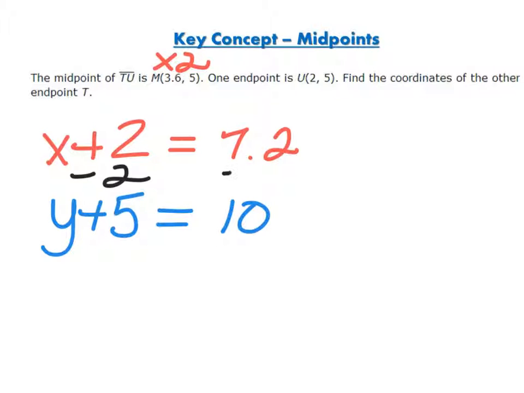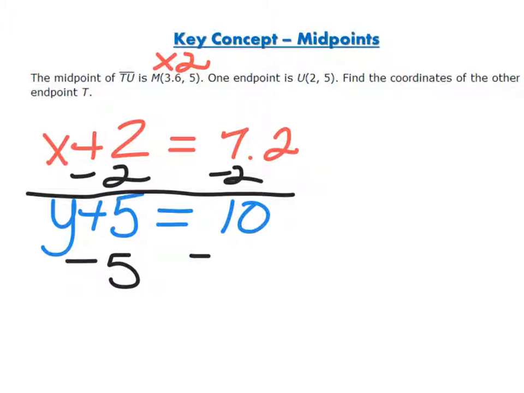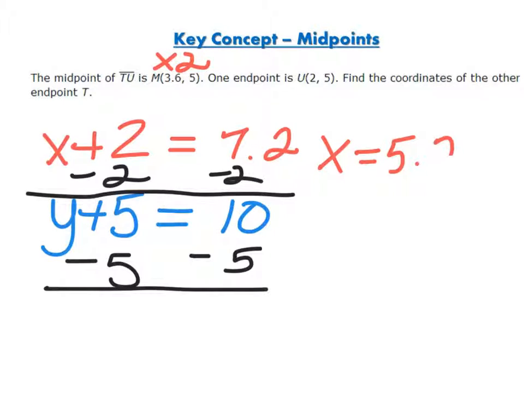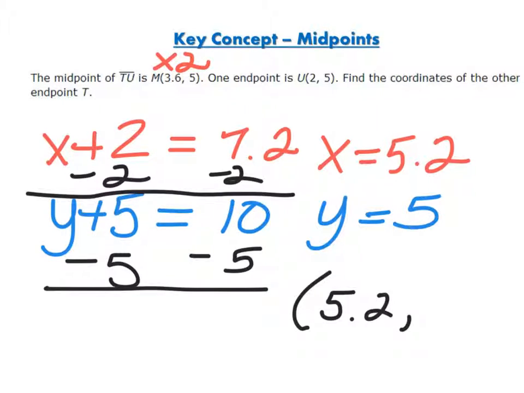On the top equation, I subtract 2 from both sides, and on the bottom equation, I subtract 5 from both sides. At the top, x equals 5.2, y equals 5, so the coordinate of endpoint T is 5.2, 5.